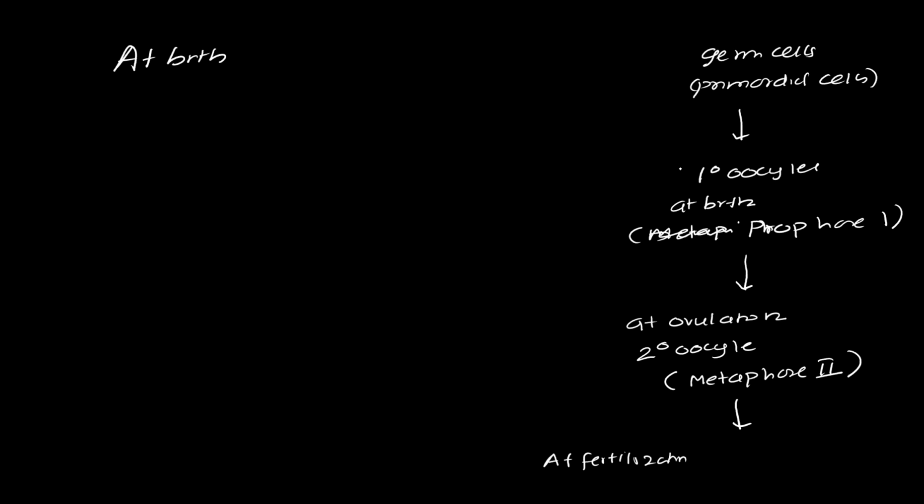So initially at ovulation there is one polar body, and at fertilization it gives the other polar body, the secondary polar body. This further divides into two secondary polar bodies. The formation of the secondary polar body is something clinically trivial.